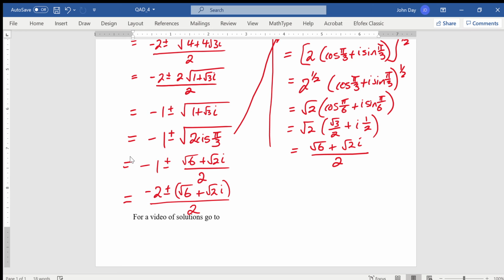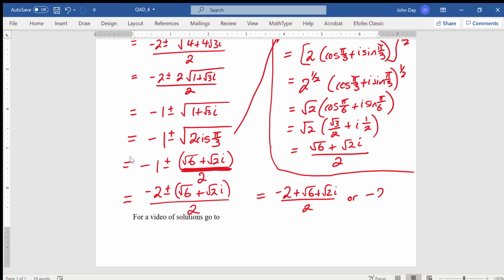I do need to be careful because this vinculum, this fraction bar, acts as, or it is, a form of grouping symbol. So it's as if it's bracketing its top line and bottom line. All right, so I'm just going to separate these out into their two solutions now. We've got (minus 2 plus root 6 plus root 2i) on 2, or minus 2.